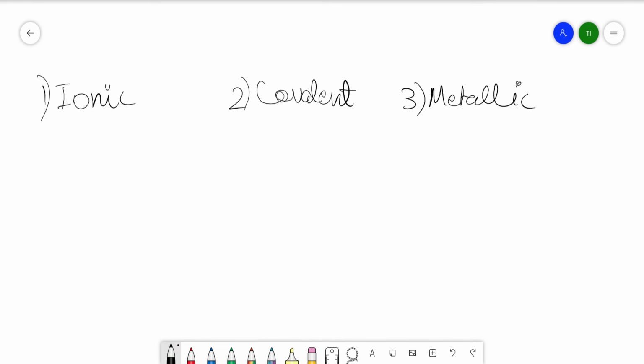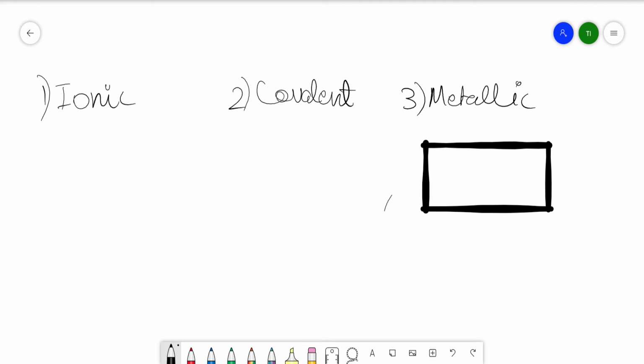The third type of bonding is metallic, and it's formed for metals only. This is also a giant structure. Let's give an example of a metal: calcium. Calcium has two valence electrons, and the two electrons are delocalized in this lattice.